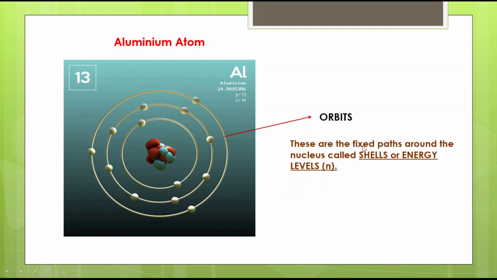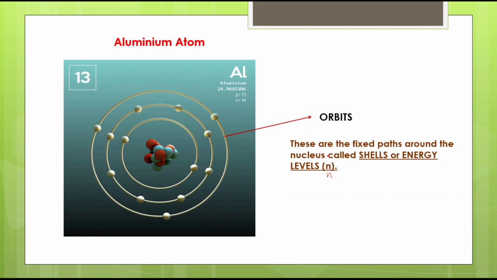So these are the fixed circular paths around the nucleus where electrons will be present, and electrons will be revolving around the nucleus in those fixed circular paths, and those fixed circular paths are called the shells or energy levels. And a very important thing, it is denoted by a small n.